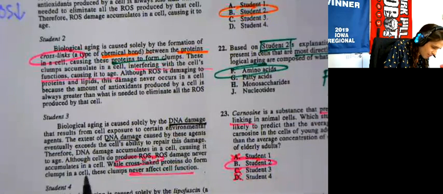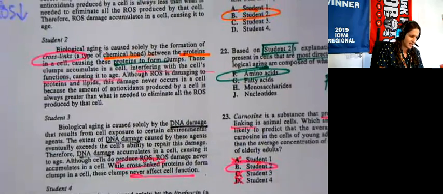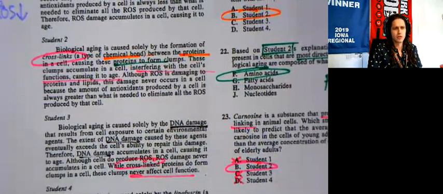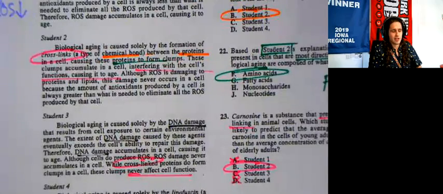DNA damage accumulates. All right. What am I thinking here? I'm thinking DNA damage has something to do with genetic mutations. It doesn't use the word genetic mutations anywhere. Well, you got to know that genetic mutations, what are genes?